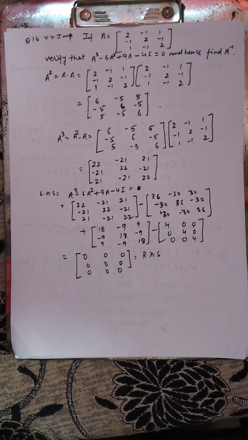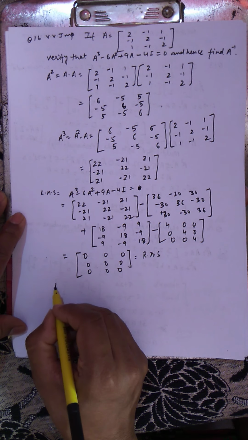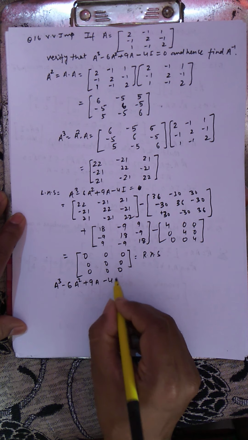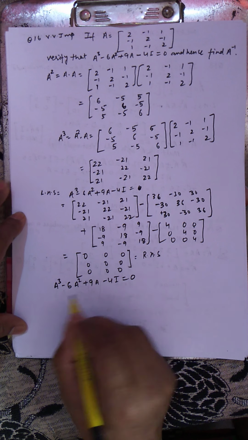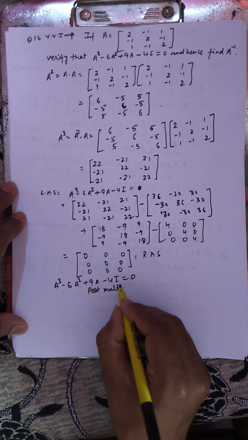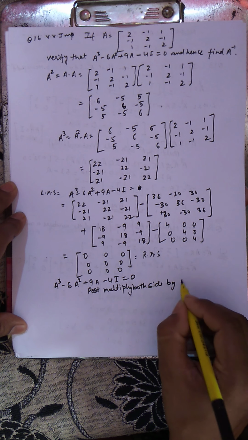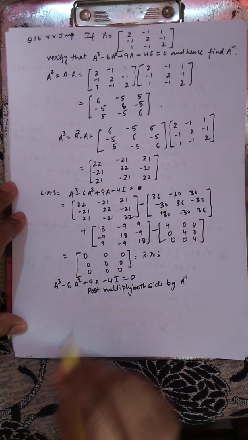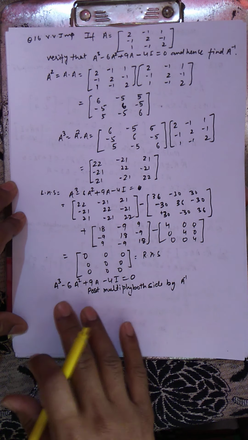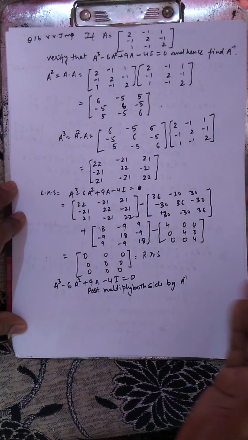Now the next part is to find A inverse using that equation. So we'll write that equation again: A cube minus 6A square plus 9A minus 4I equals 0. Now we post multiply both sides by A inverse. So you should get A inverse in this equation, and from there you keep A inverse on the left-hand side, and the rest you take to the right-hand side.